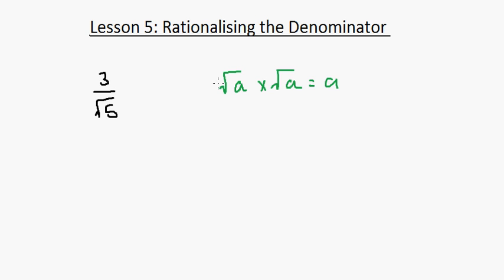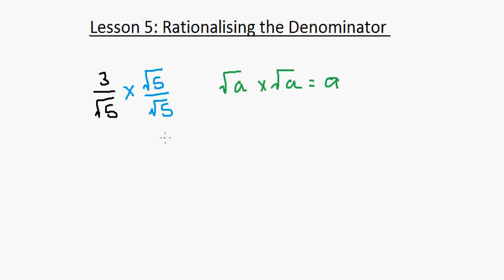So if you can see where we're going now, we are going to times the denominator by itself. So let's change the color. Let's times it by root 5 over root 5.